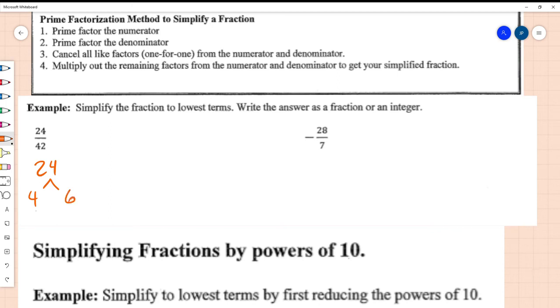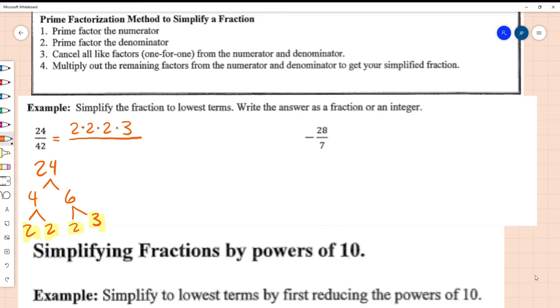The 4 we can factor as 2 times 2, and 6 factors as 2 times 3. So our prime factorization for 24 is 2 times 2 times 2 times 3. So on top we can write 2 times 2 times 2 times 3.